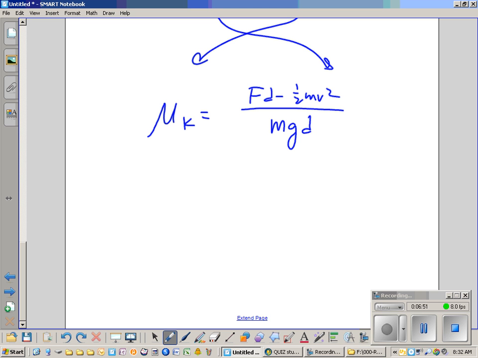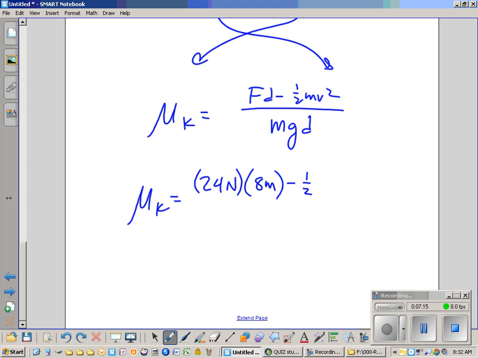Now if we were going to be really weird, we could get rid of this 1/2 here, but let's just go ahead and calculate all that stuff. So mu k is going to be equal to, the force was 24 newtons, distance was 8 meters. Is that correct? Yes. All right, so 8 meters minus 1/2 m.